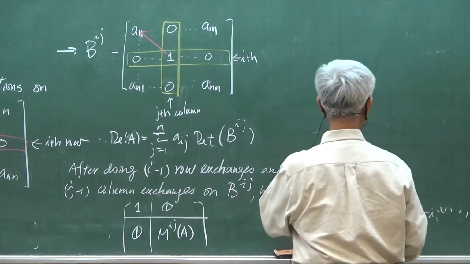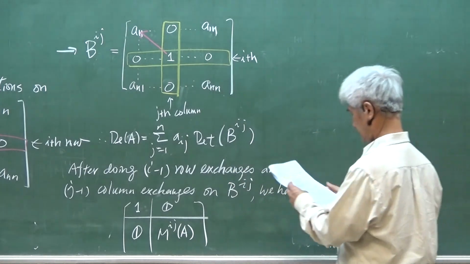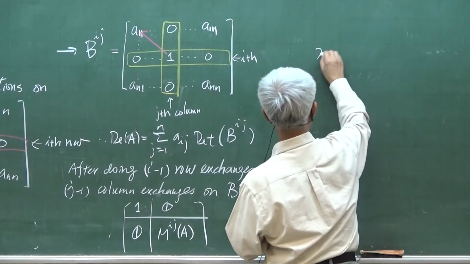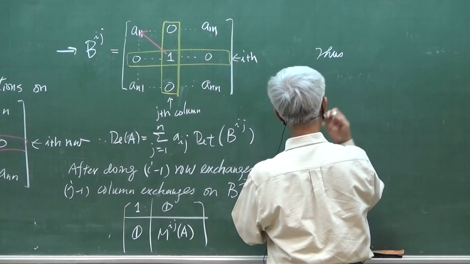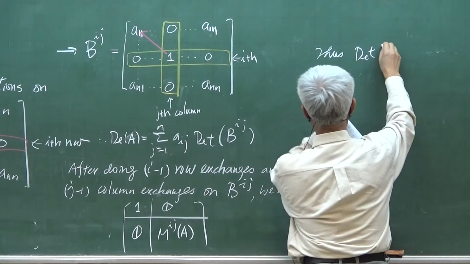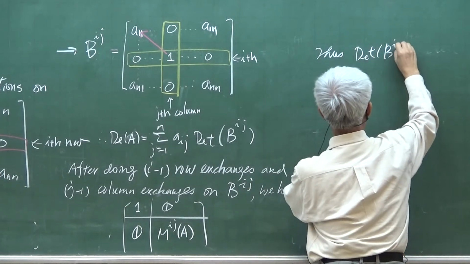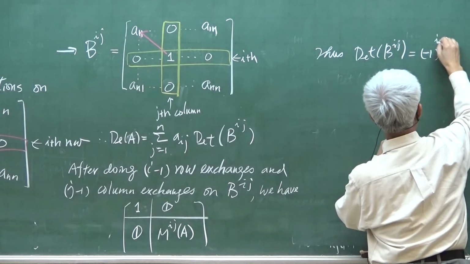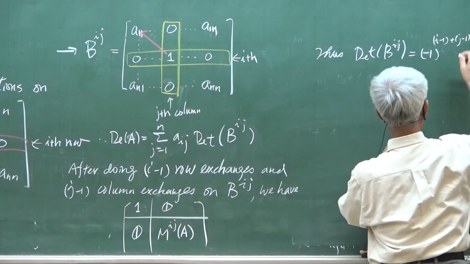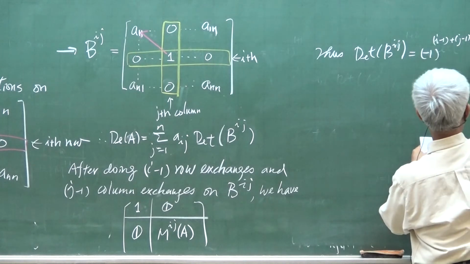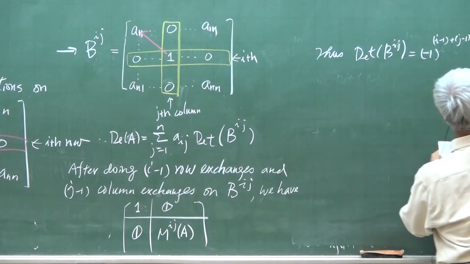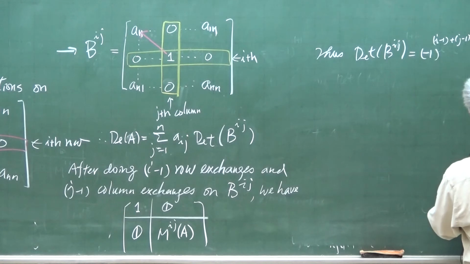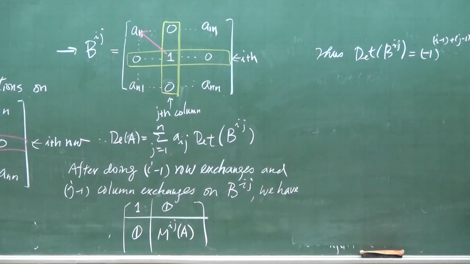And so the determinant of Bij is equal to (-1)^(i-1+j-1) times the determinant of the matrix with 1, 0, 0 and Mij(A).